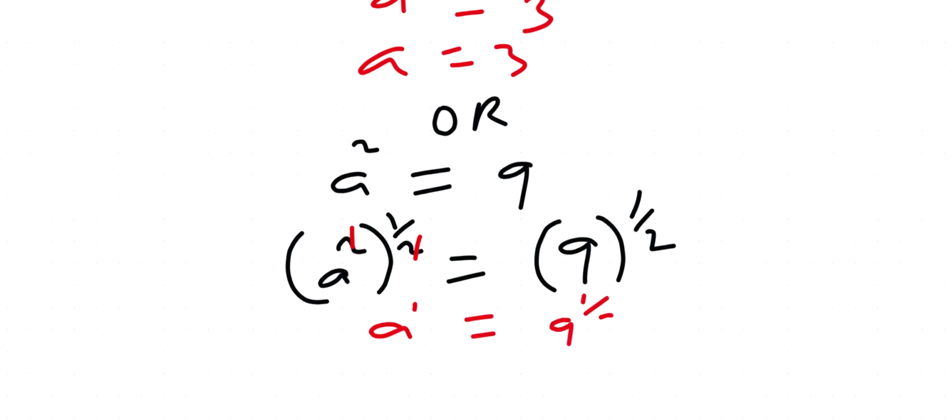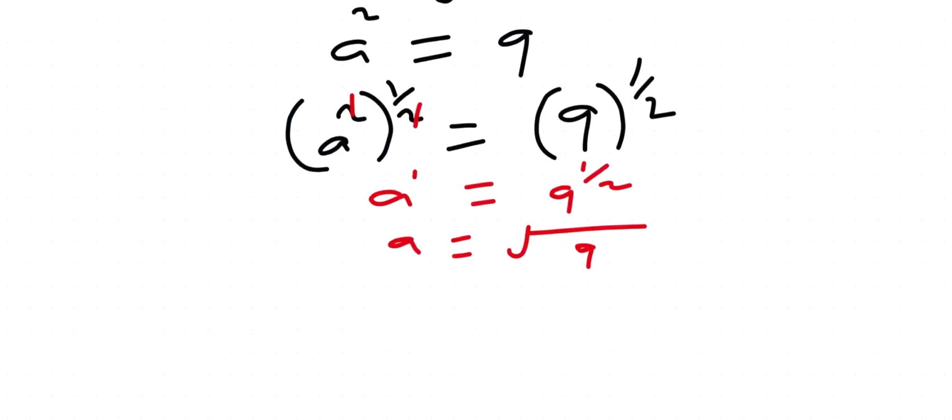The symbol form of half in index form is root, so the square root of 9. And what is the square root of 9? So a becomes 3. That is the first example we have.